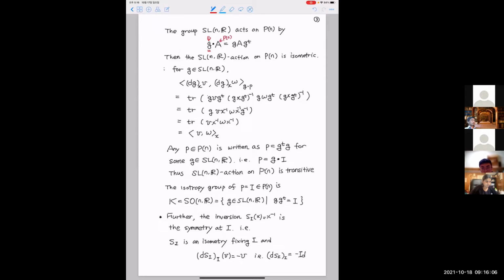Then you can define the action of G on A by G A G transpose. Then G A G transpose is also a symmetric and positive definite matrix, so we can easily see that this is in the Pn.